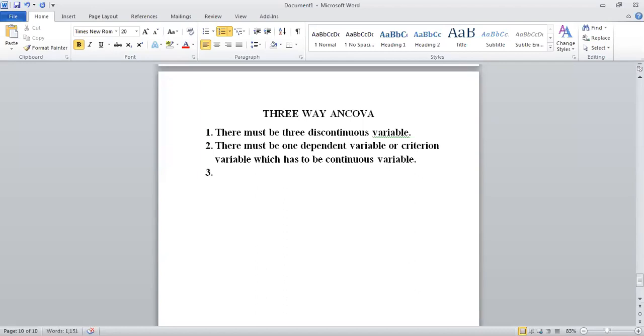And the third thing is that there must be a minimum of one covariate.